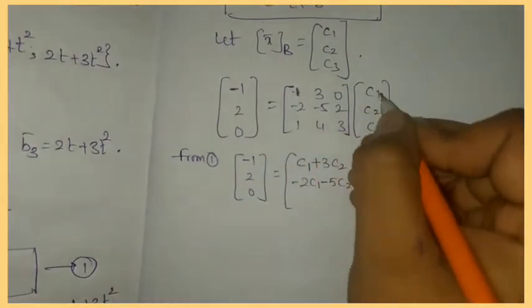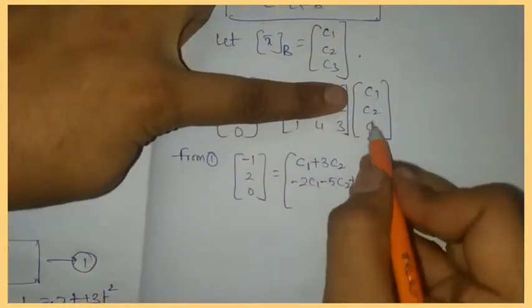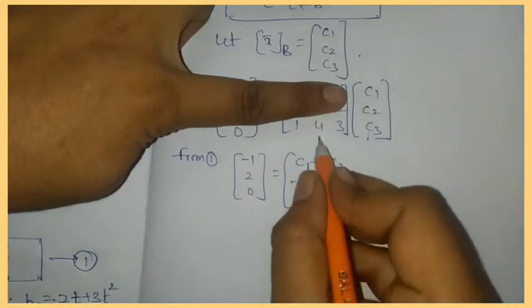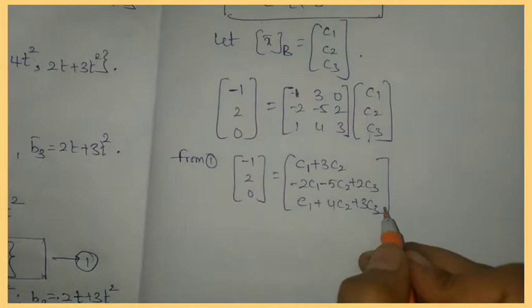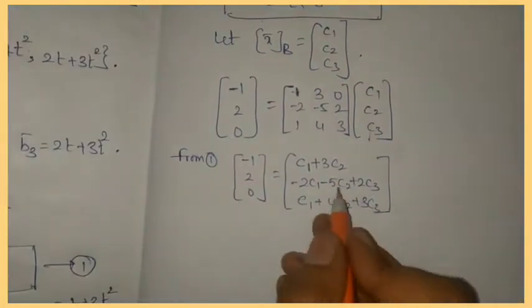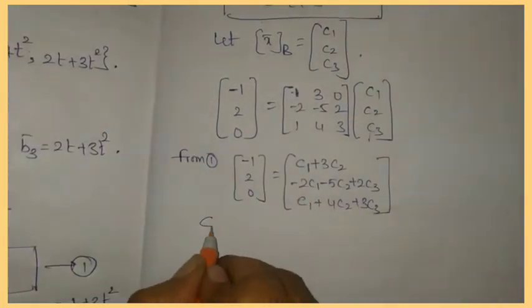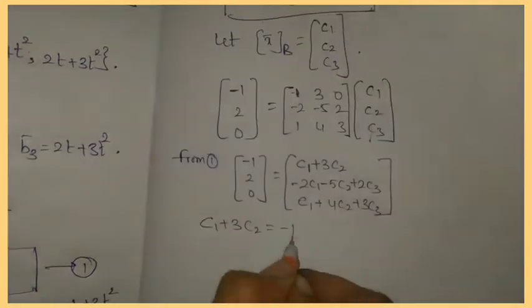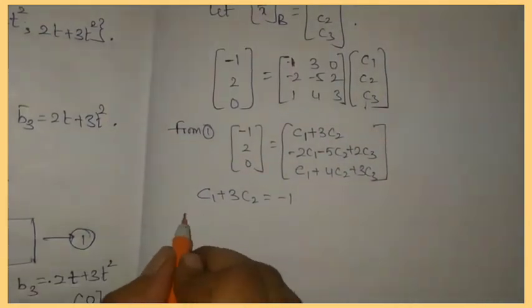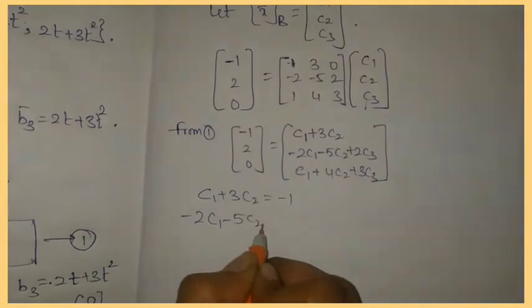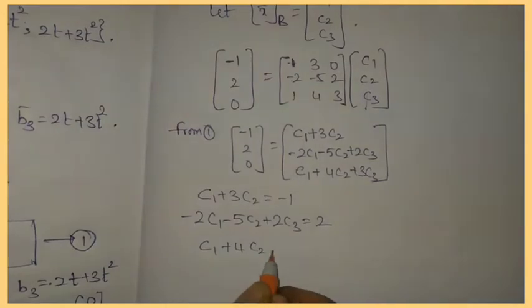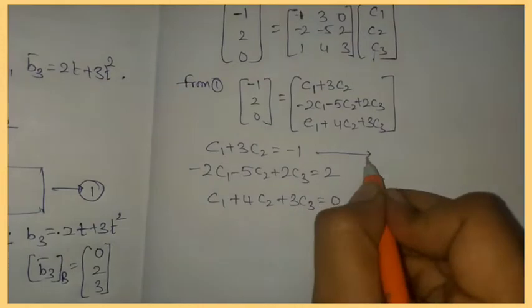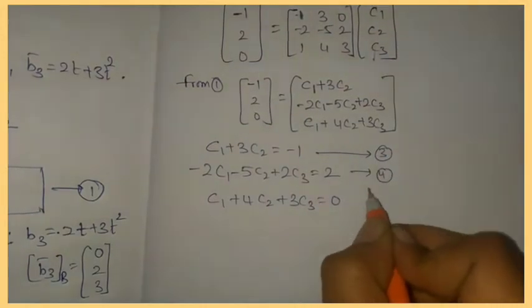Next 1 into c1 plus 4 into c2 plus 3 into c3. Okay, now they both are equal matrices, so we'll write like this, c1 plus 3 c2 equal to minus 1, and minus 2 c1 minus 5 c2 plus 2 c3 is equal to 2, c1 plus 4 c2 plus 3 c3 is equal to 0. Okay, these are equations number 3, 4, 5.